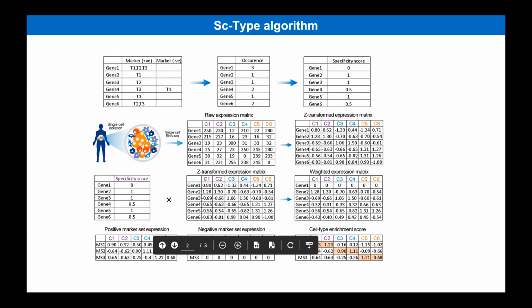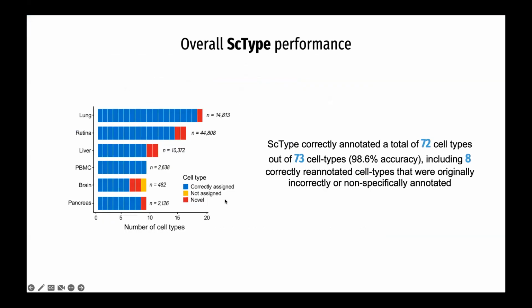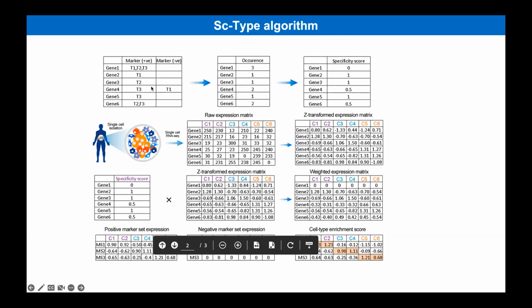So if we take the average, then 0.12. So gene 1 for tissue type 1, we have gene 1 and gene 2 for MS1, and before the negative marker it should be a sum or a square root.